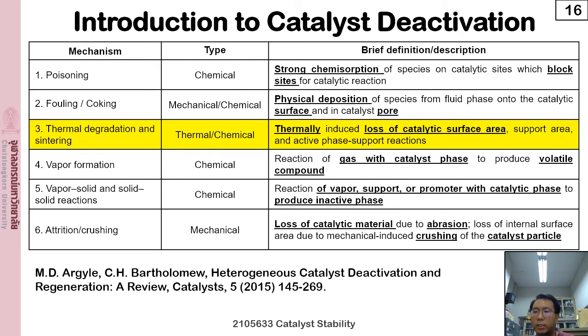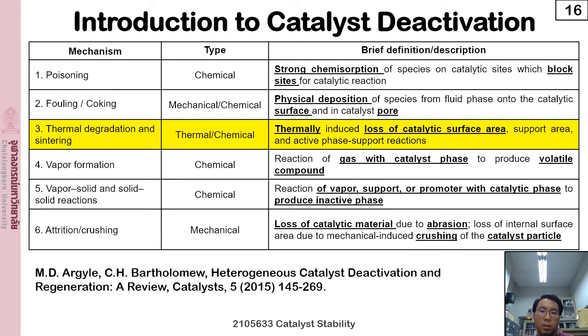For example, if you have 10 catalyst particles of 1 nanometer size, and they fuse to form one large bulk catalyst particle, it loses surface area. It means that you lose a large amount of active sites.